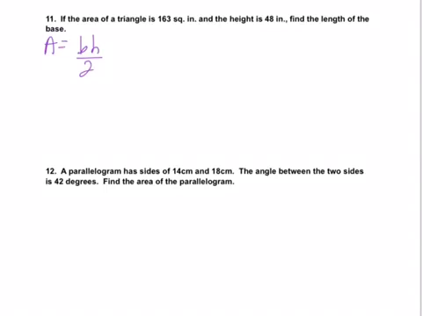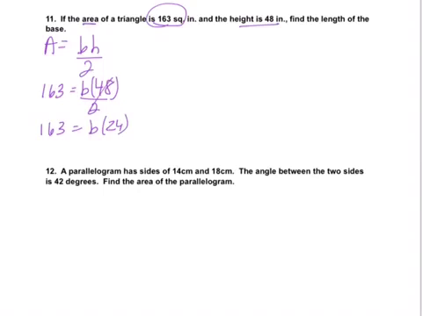So instead of A for area, I'm going to put 163. And they don't give me my base, so I just put a B there. They give me my height is 48. And I divide that by 2. So now I have 163 equals, these two, when I divide it, I get 24.